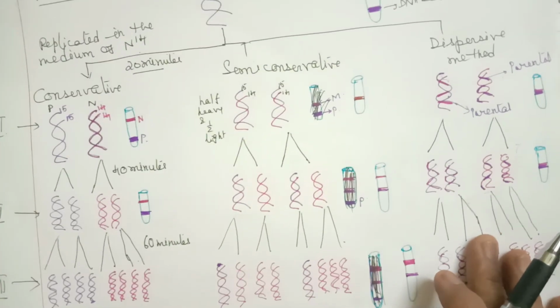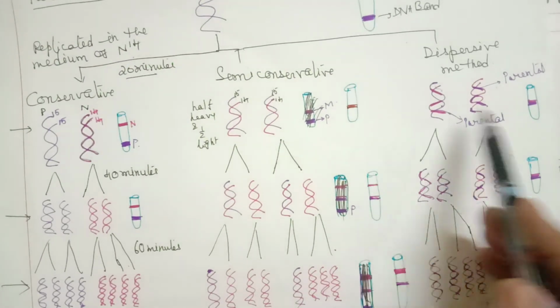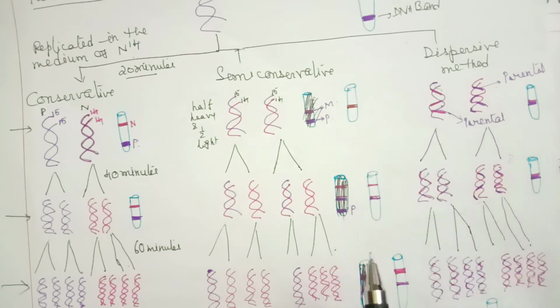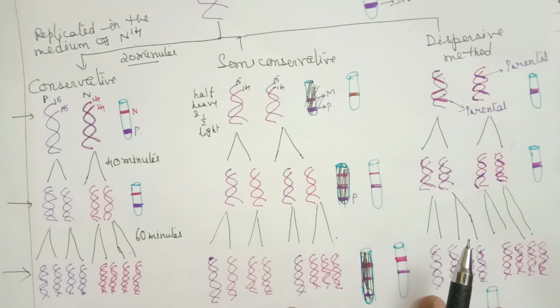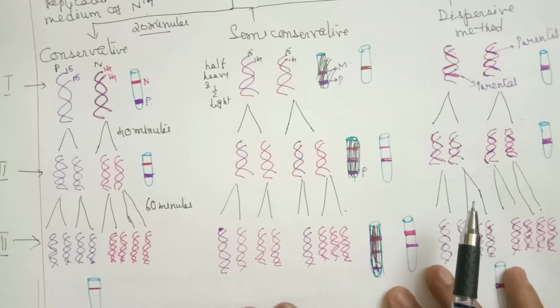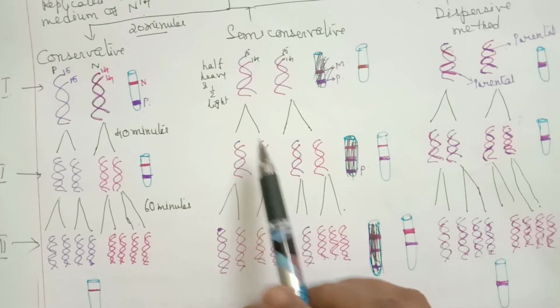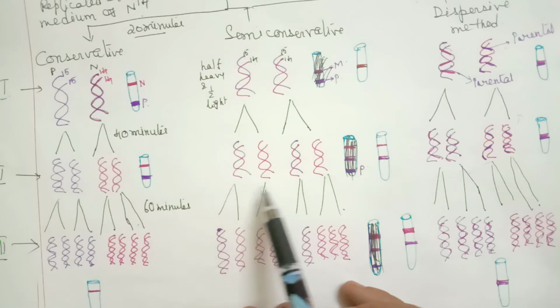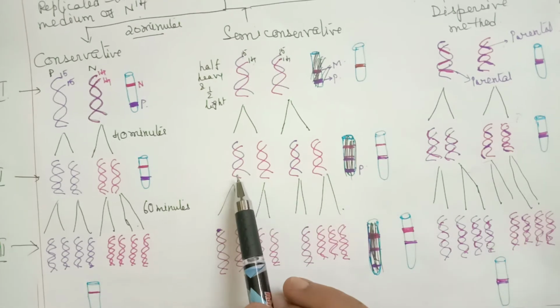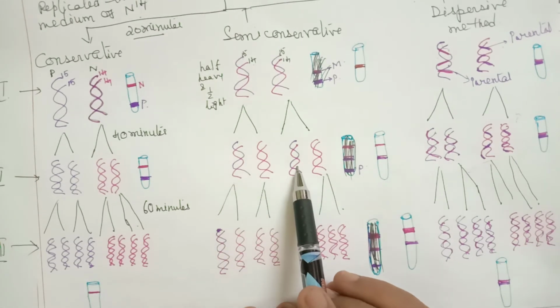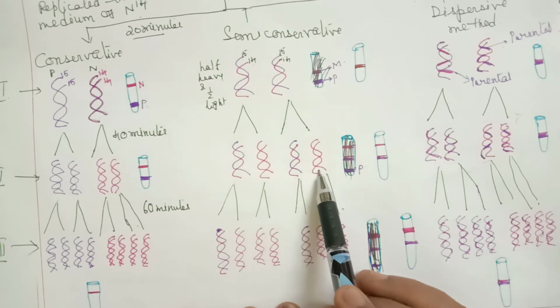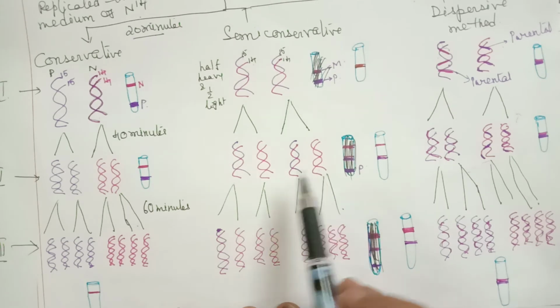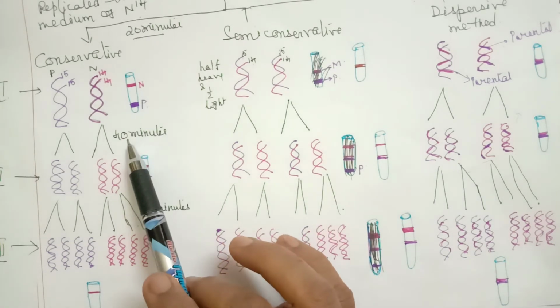Now semi-conservative and dispersive show the same bands in the first generation, so let us observe the second generation in the case of semi-conservative. In the second generation, we find 4 DNA molecules, out of which 2 are hybrid and 2 are light. The first generation is after 20 minutes, and the second generation is after 40 minutes.